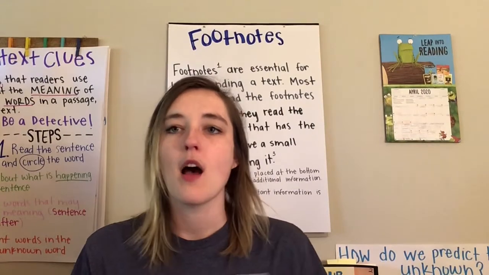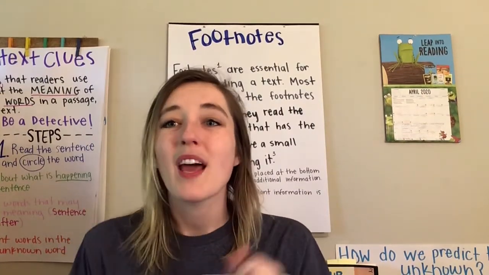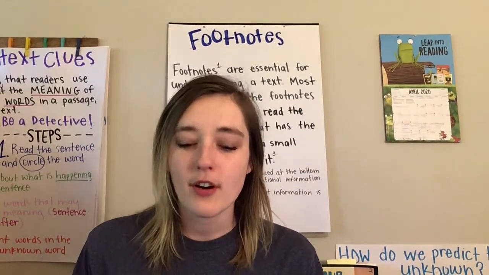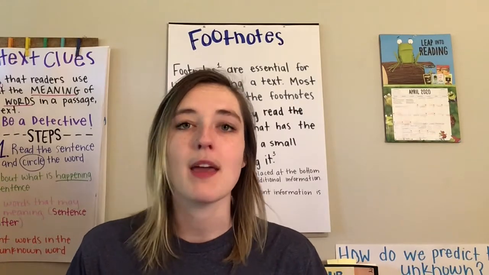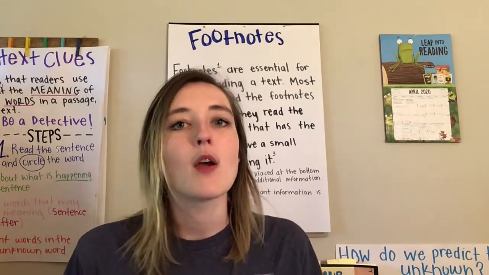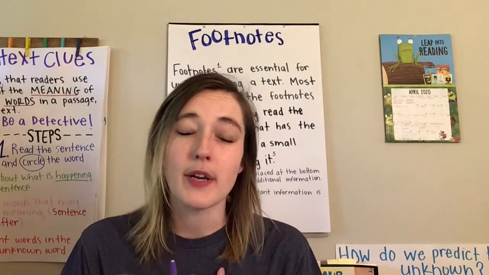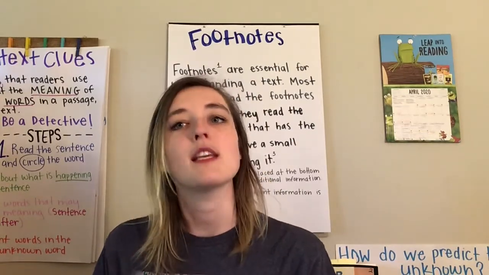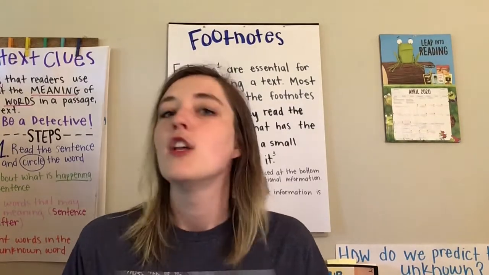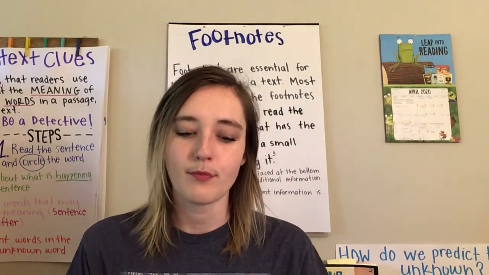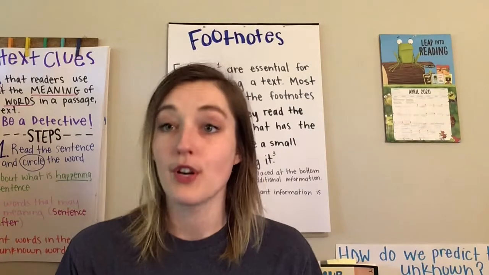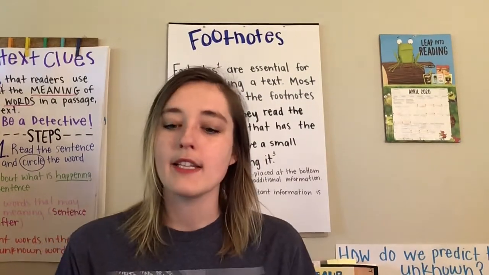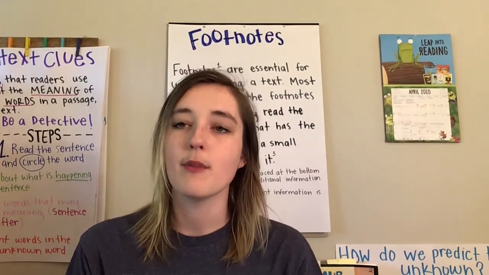Basically the author is doing a lot of defining and describing, and they're defining and describing words that we as readers might not know. We might not know what an Eskimo is. We might not know what hoarfrost means. And we might not know who this author, Jean Craighead George, is.